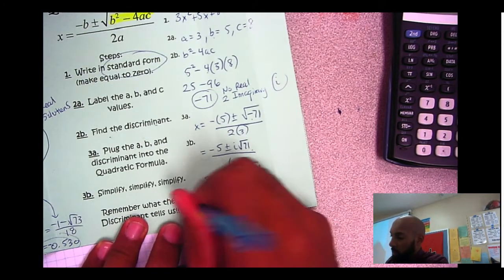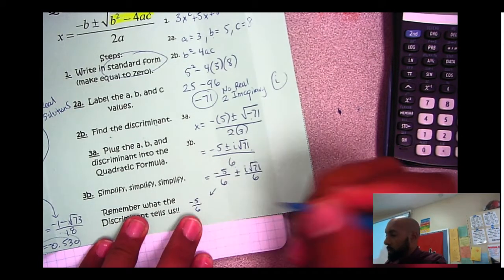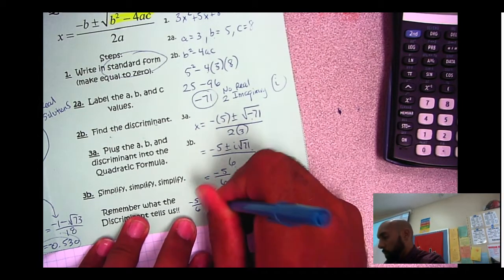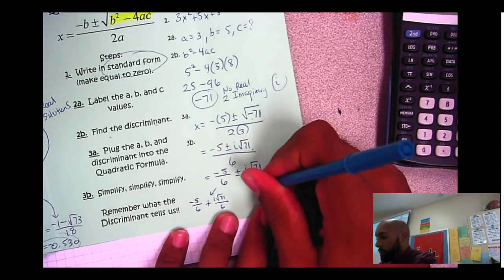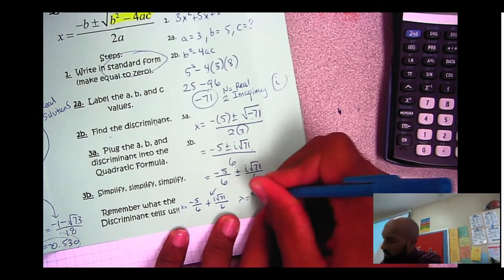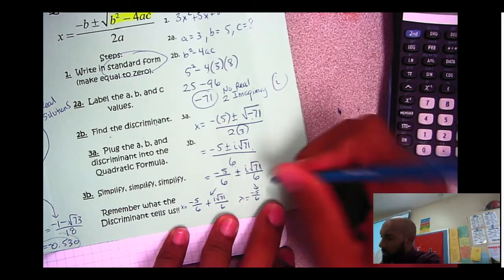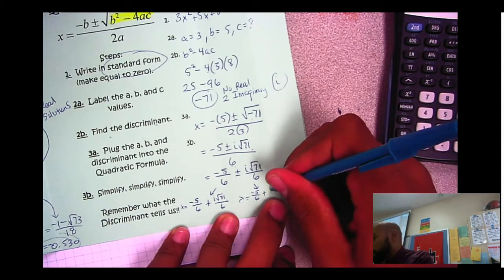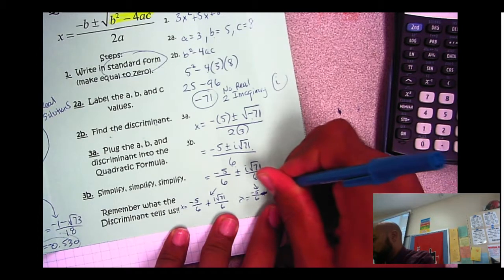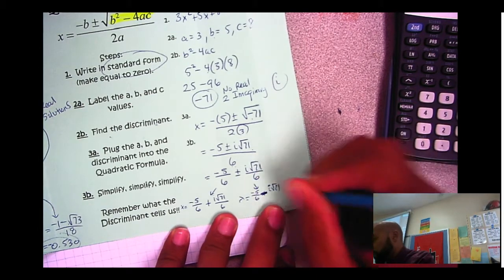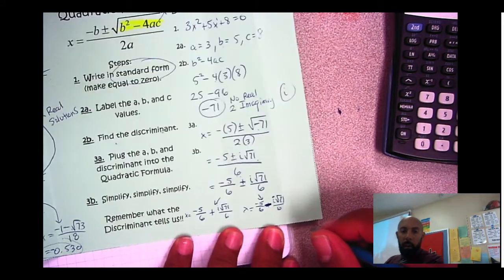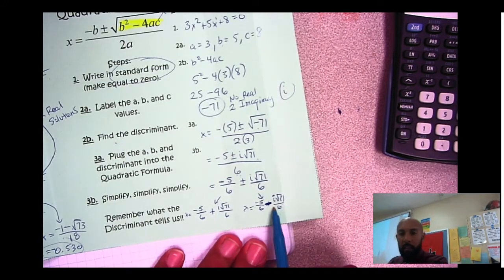So now negative 5 over 6 plus i square root of 71 over 6. And then the other will be x equals negative 5 over 6, minus i square root of 71 over 6.